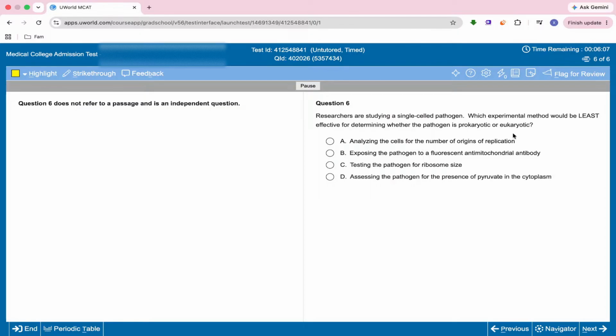This one is kind of hard, to be honest. I still have 5 minutes left. Analyzing the cells for number of origins of replication. That might not be bad. The fluorescent anti-mitochondrial antibody, I think it's that one, bro.